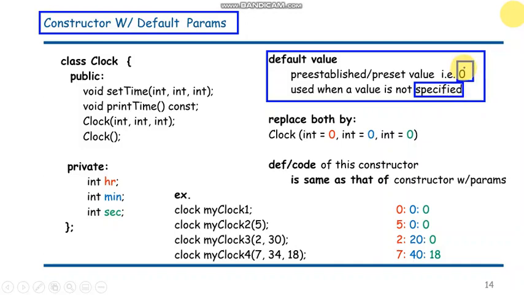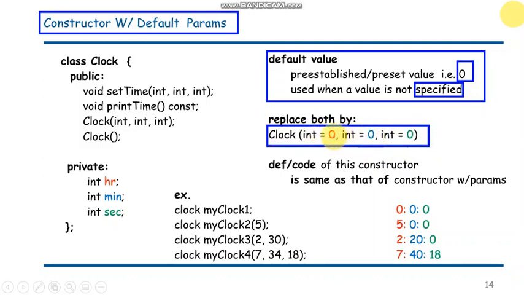which you didn't put. Now, what does a constructor with default parameters look like? It looks like this, where in the parameter list, each parameter is set to 0.